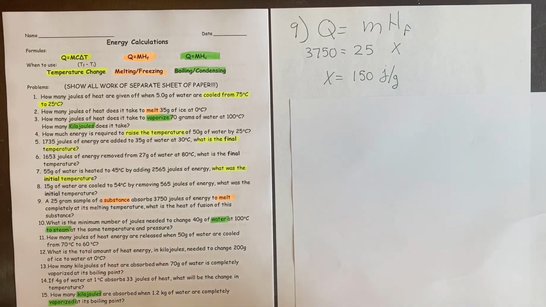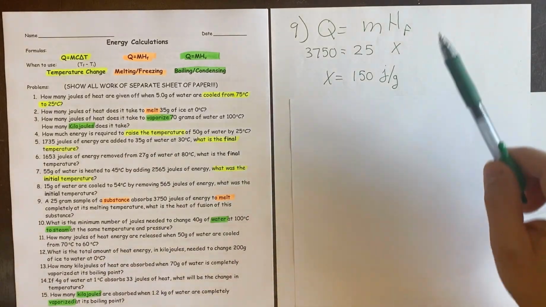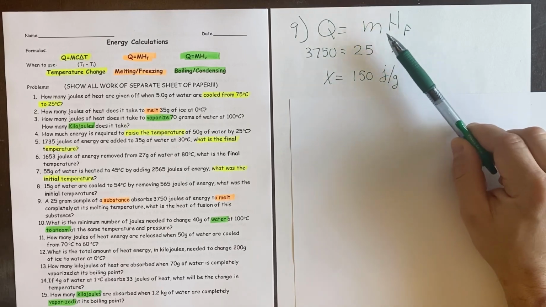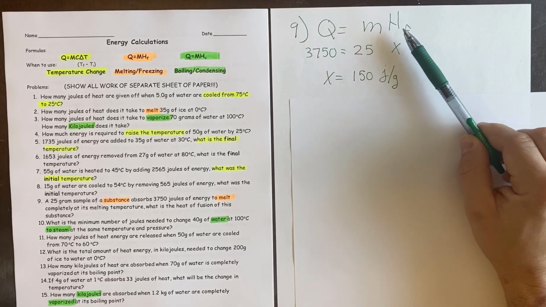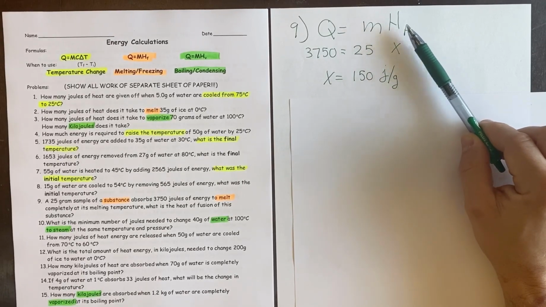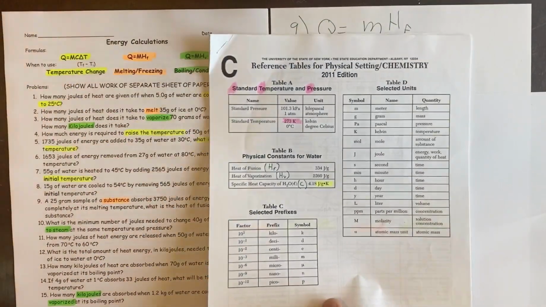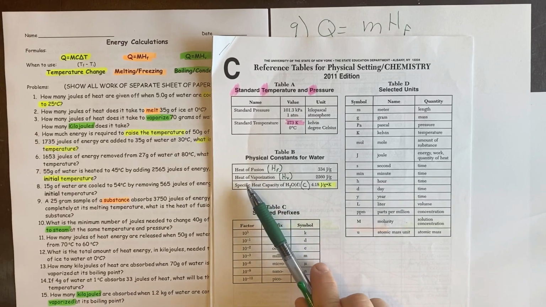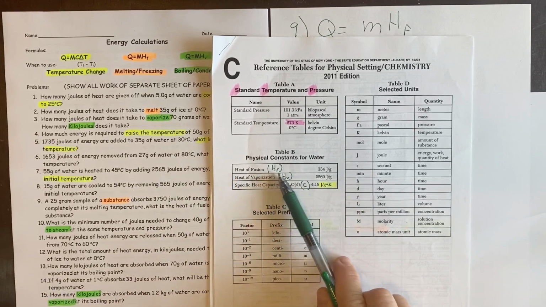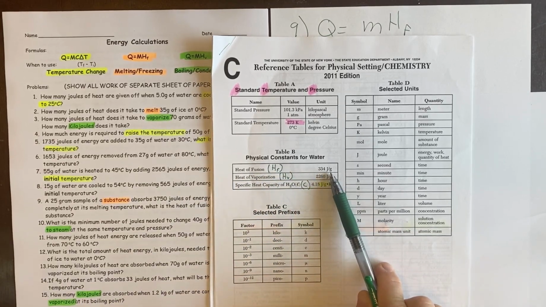Now, that's my answer. Let's go over the units because the units can throw people off. Basically, here's how it works. All HF numbers for every individual material have the same units. The same goes for C and the same goes for HV. So if I didn't know the units, all I would have to do is go to the HF for water, 334, and there's the units.